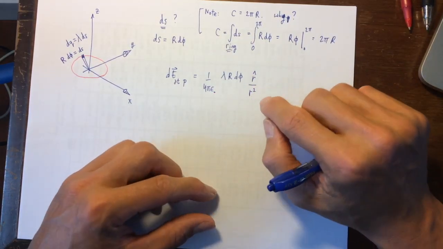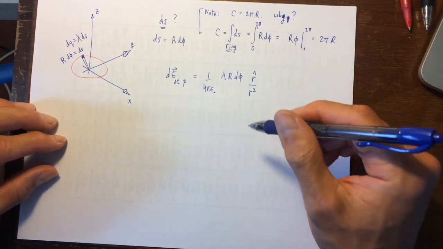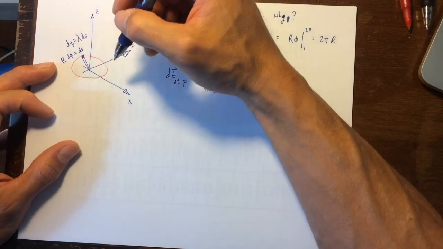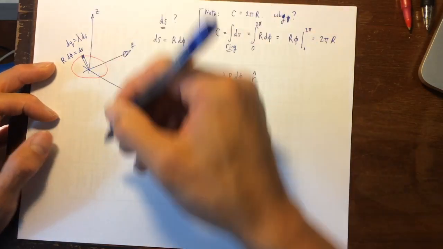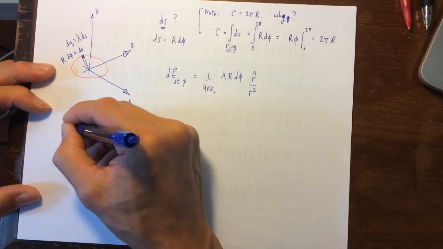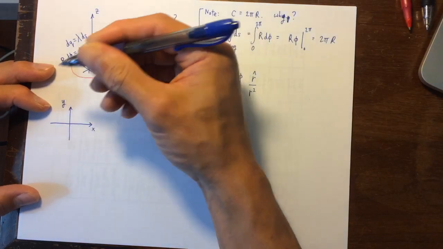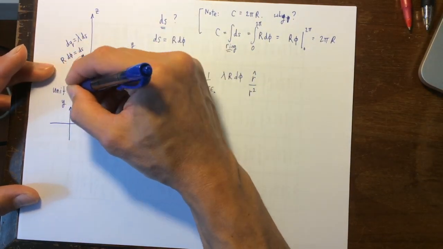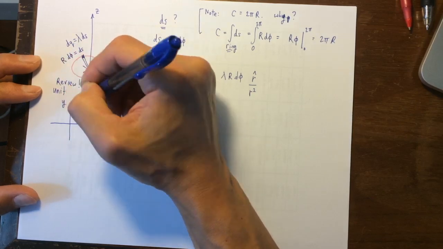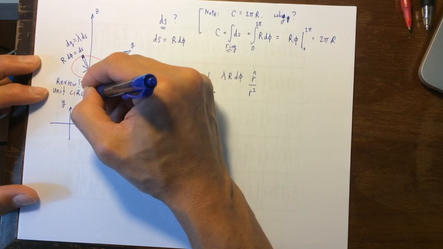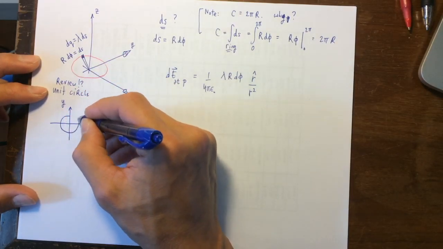So let's concentrate on r hat and r squared. This angle phi is sort of strange. Let me show you how it gets measured. Here is the x-axis, y-axis, and let's imagine something that you might have to review. It's called the unit circle, a circle of radius 1.